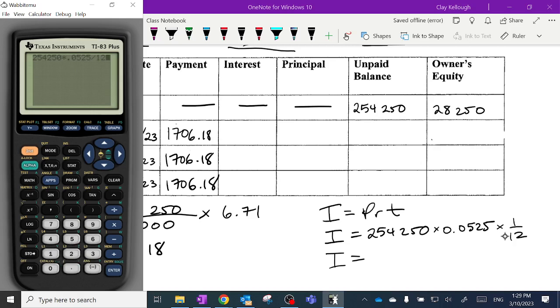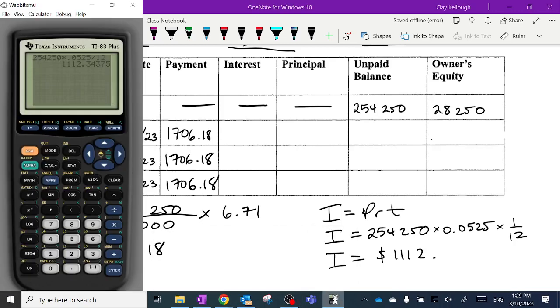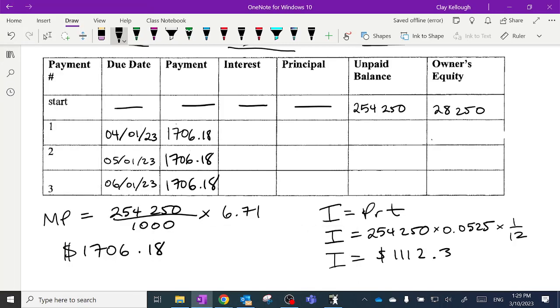Times 1/12 and divide by 12 is the same operation mathematically, and it's fewer buttons. So I'm getting an interest now of $1,112 and 34 cents. So that goes here.